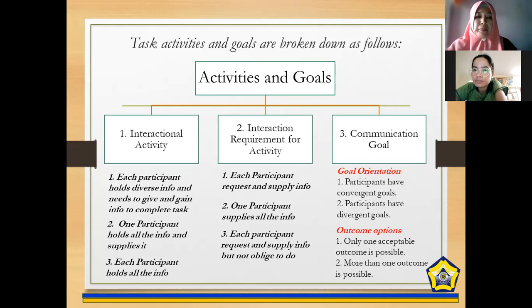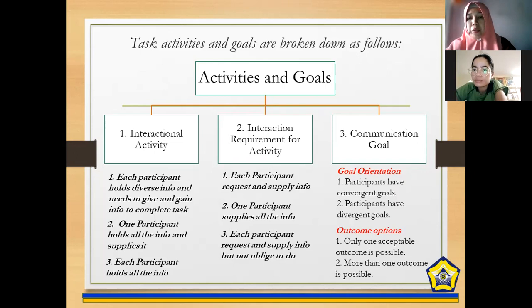Then one participant holds all the info and supplies it. And each participant holds all the info. In interaction requirement for activity, each participant requests and supplies info, or one participant supplies all the info, or each participant requests and supplies info but is not obligated to do so.